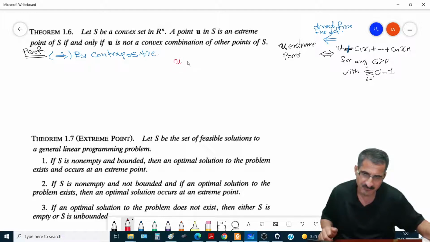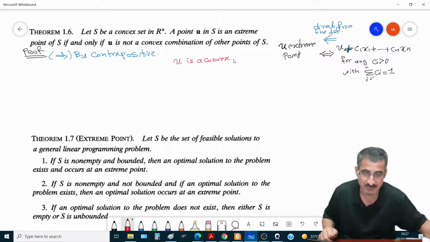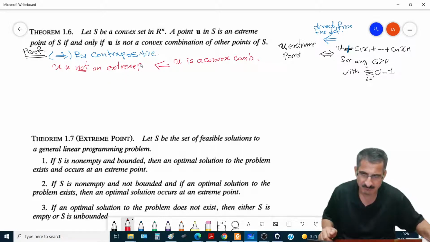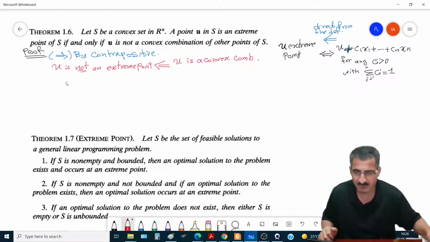We will assume U is a convex combination. That means U is not an extreme point. This is what we want to prove, right? So let us start with that.